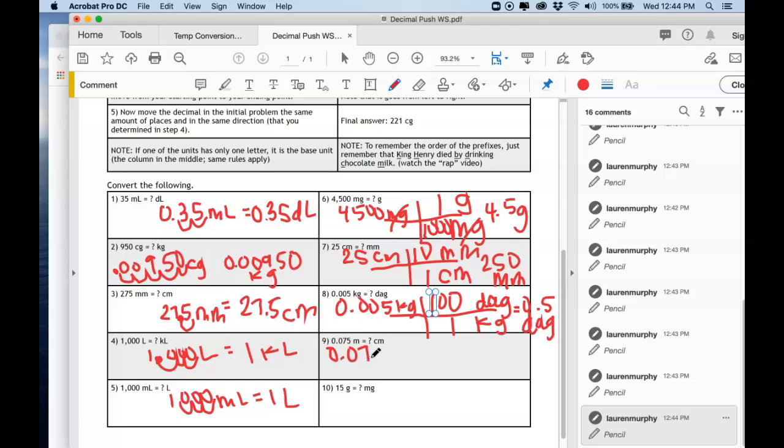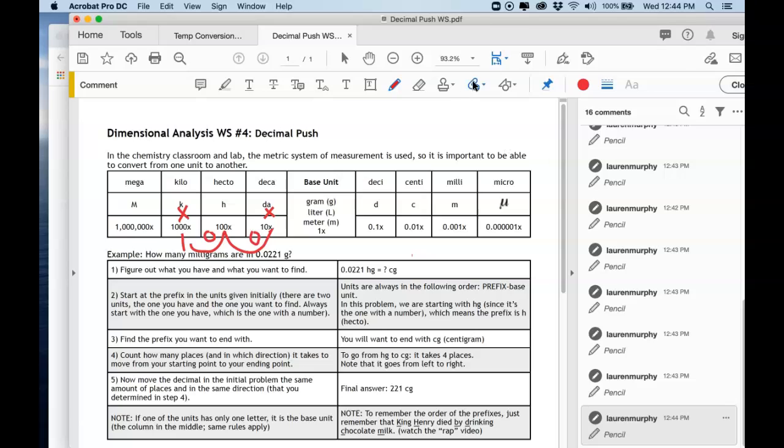So 0.075 meters. We're doing meters to centimeters. Again, I'll erase this because this was from the last problem. Meters does not have a prefix in front of it. That's a base unit.